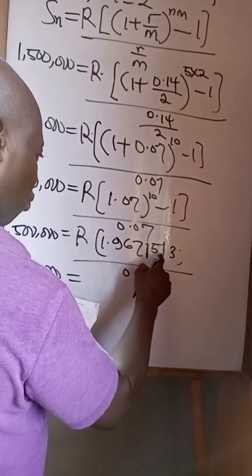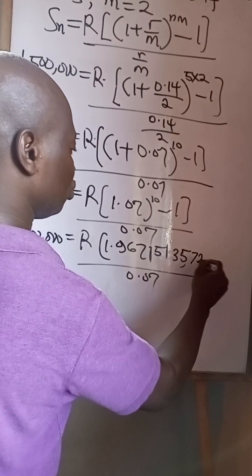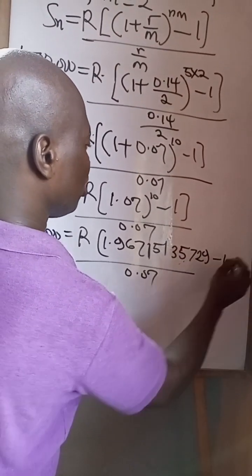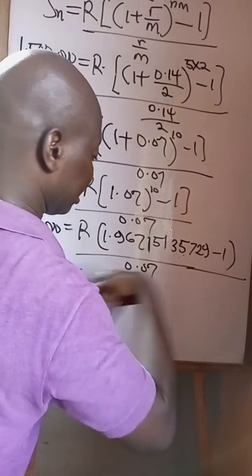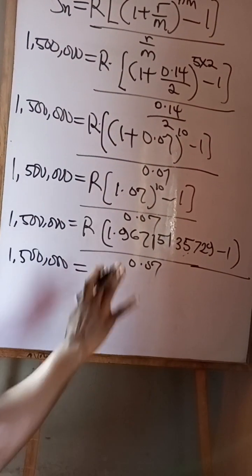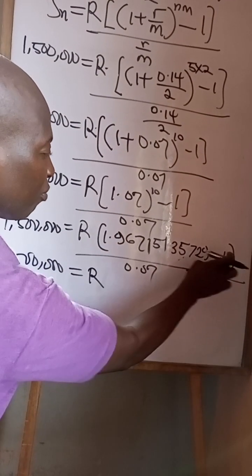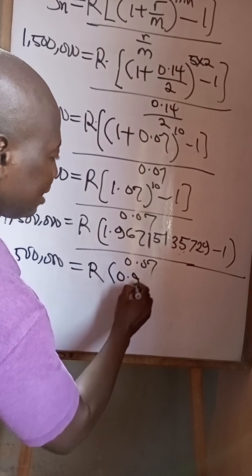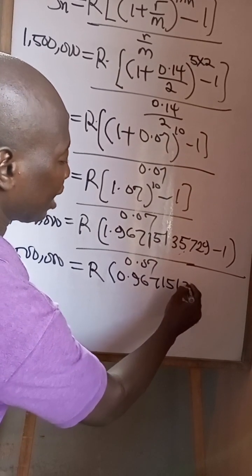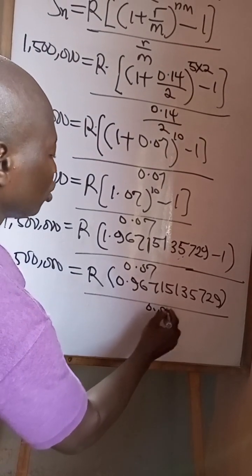When you punch the calculator, 1.07 raised to power 10 gives us that. Subtracting 1 from this, we are going to have 0.967151355729 divided by 0.07.